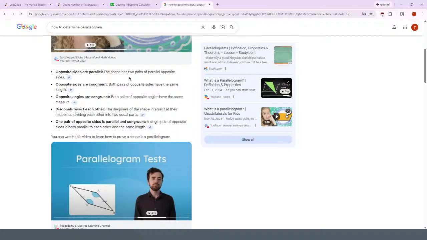Opposite sides are congruent. Opposite angles are congruent. Diagonals bisect each other. One pair of sides is parallel and congruent.